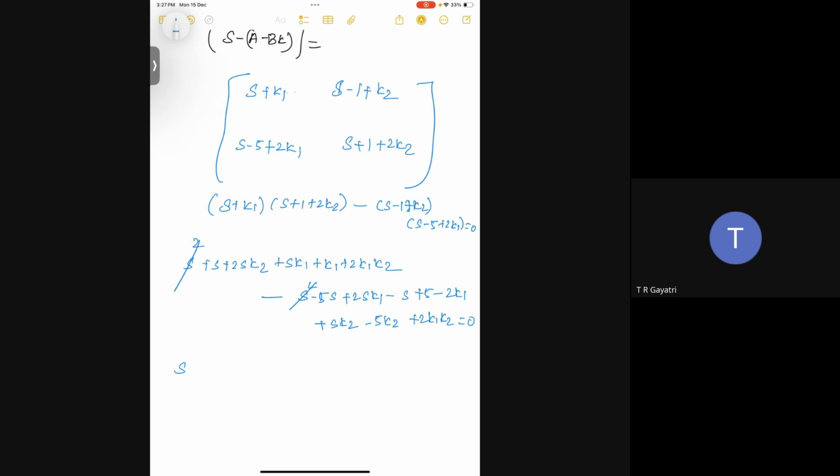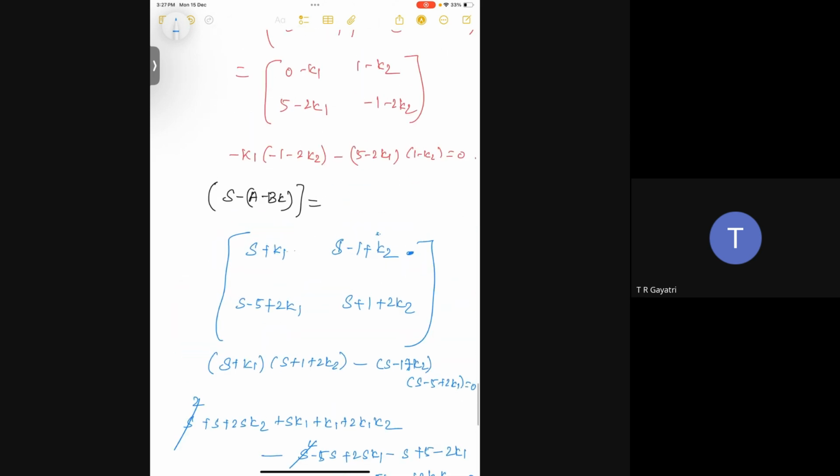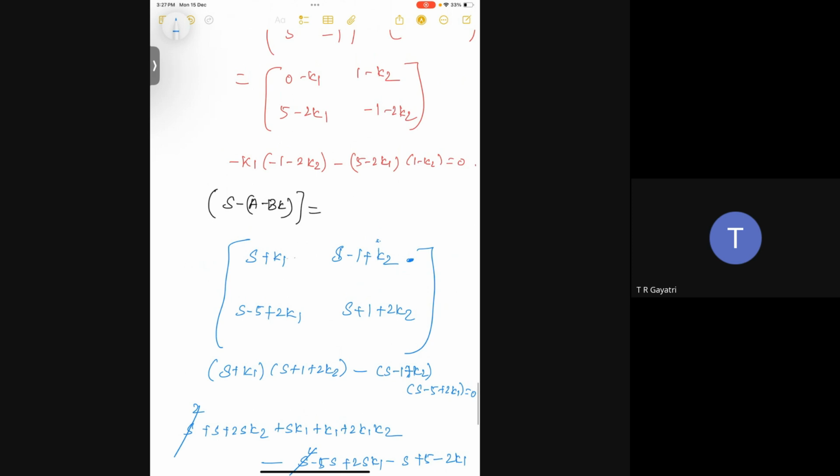Oh, that s won't come here, ma'am. Column 2, first row, in the matrix: only minus 1 plus k2.